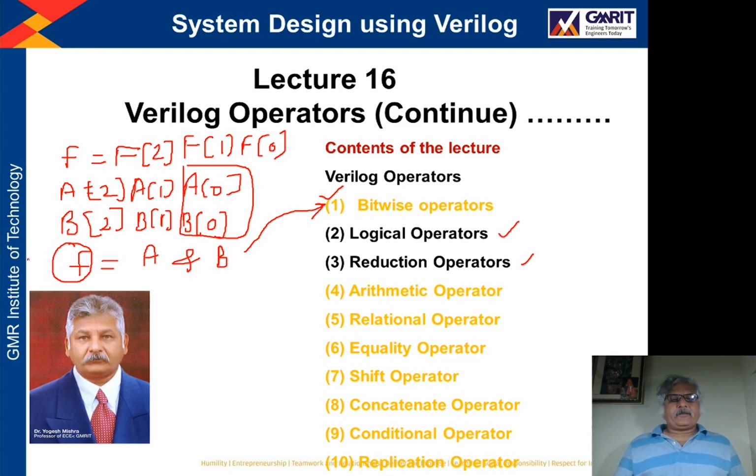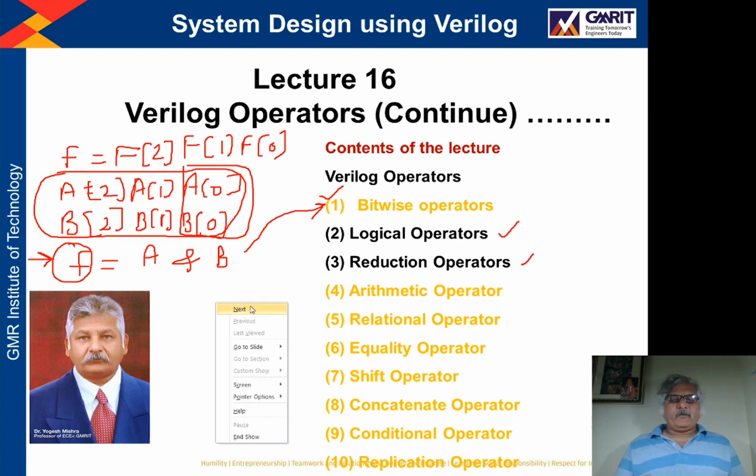Then if we write the statement F is equal to A ampersand B, the AND operation will be performed on all 3 bits of A and B. This we missed in the last lecture when we were discussing the bitwise operator.